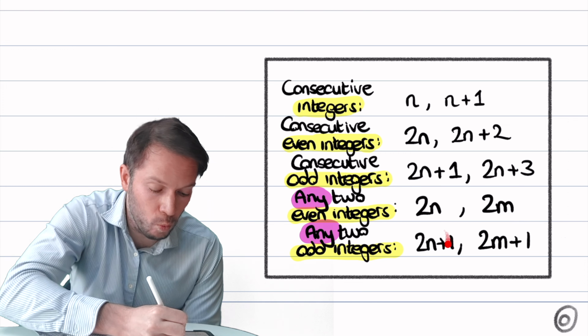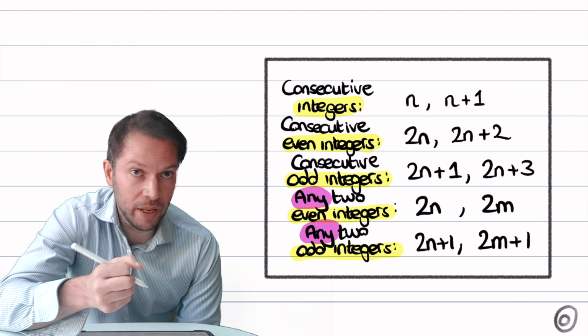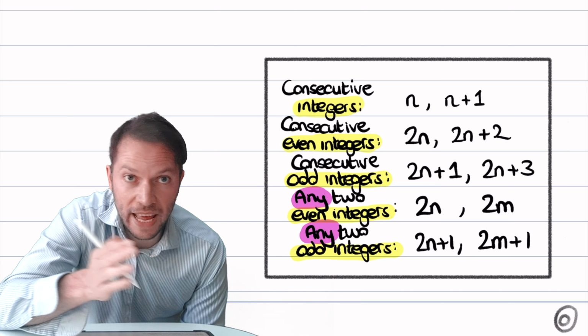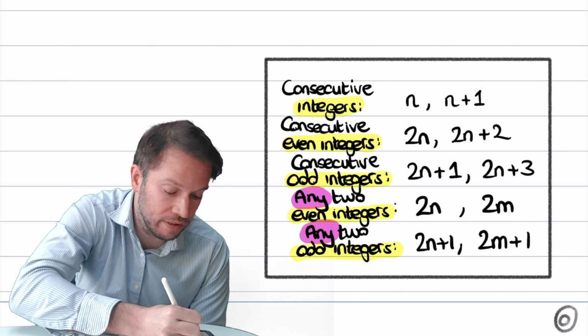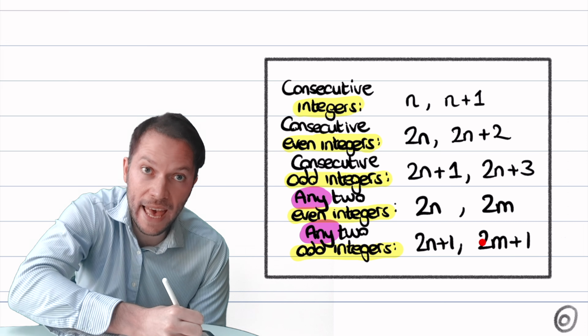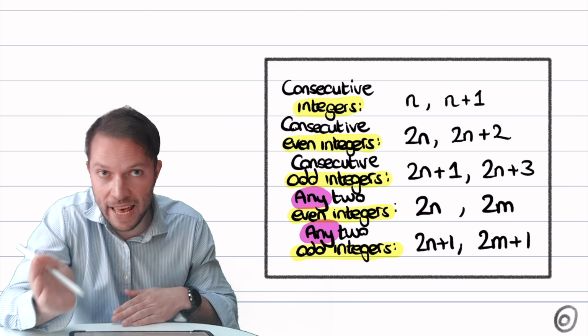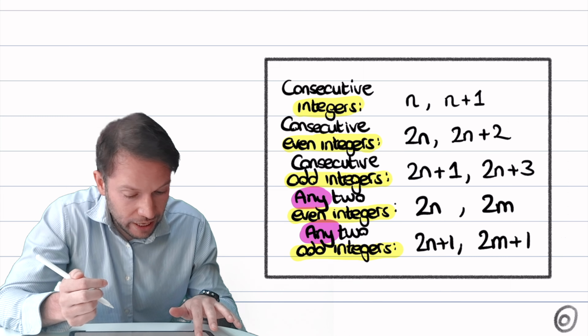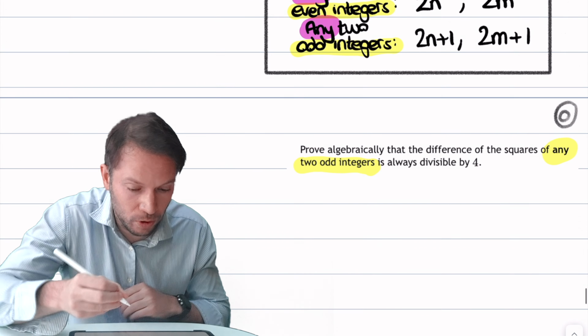So if you've got one odd integer as 2n plus 1, then to get another odd number that's not necessarily related, just any other possible odd number, could be the same, could be different, instead of 2n plus 1, we do 2m plus 1. You've got to use a different variable, but you might as well just use n and m. Right, so prove algebraically the difference of the squares of any two odd integers.